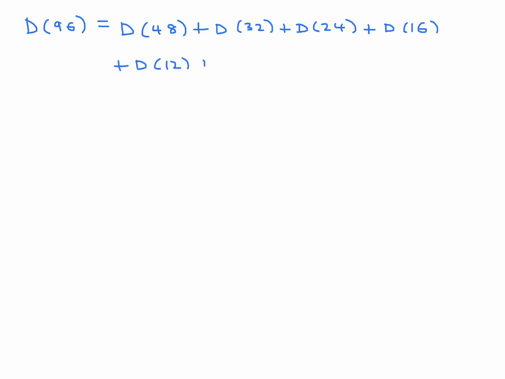So D96, as we have previously concluded, will be a sum of the D's of the factors of 96, which are 48, plus 32, plus 24, plus 16, plus D12, plus D8, plus D6 plus D4 plus D3 plus D2.